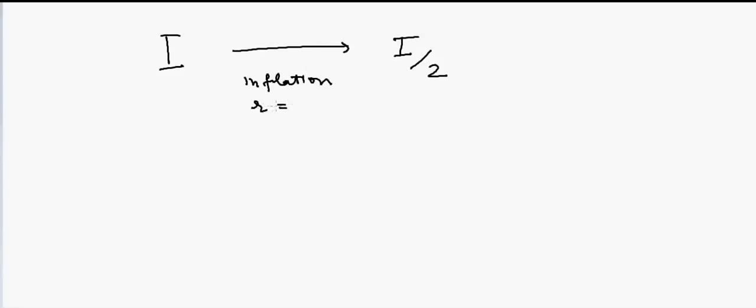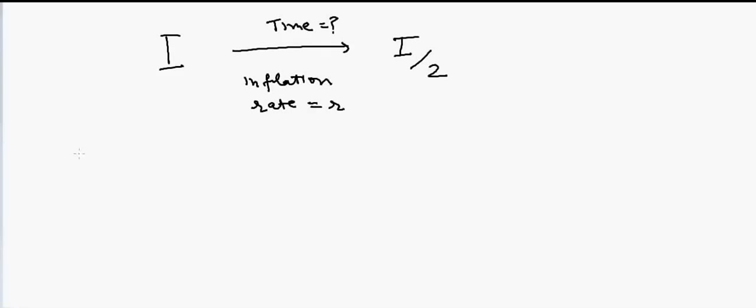So the inflation rate is equal to r, and you want to calculate how much time it will take, right? So your investment is becoming half because of the inflation, and the rate of inflation is r. So how much time should it take for your investment to become half?